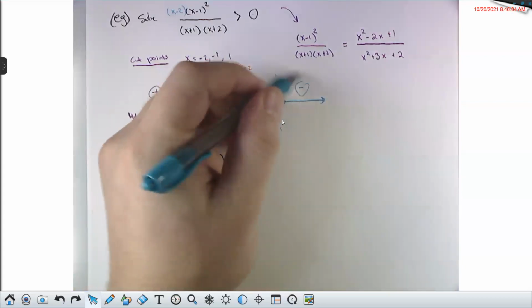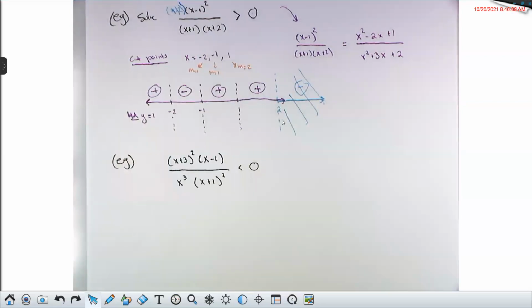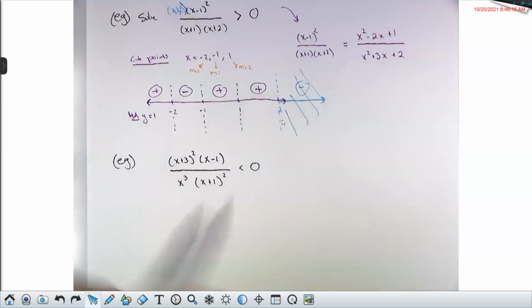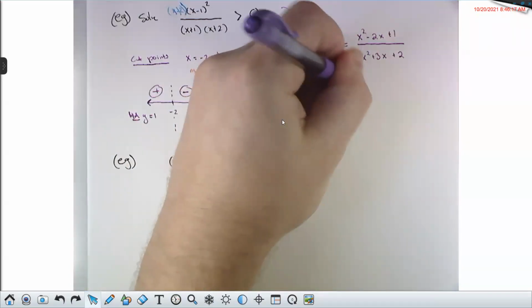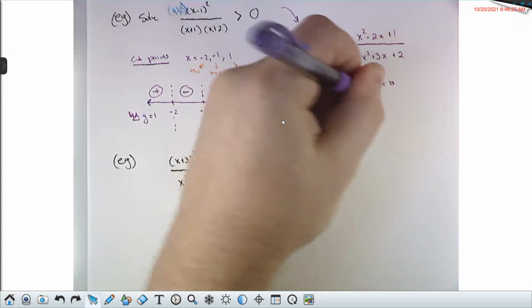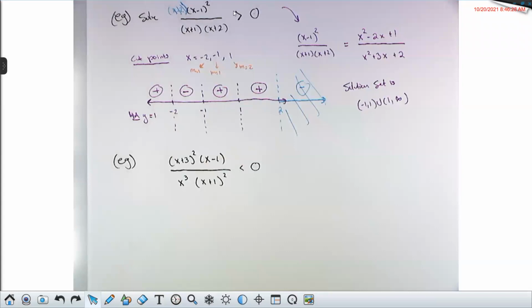I'm going to scratch this, because the problem we were originally solving is just this. We want to know where this function is strictly positive. So that would be from -1 to 1 and from 1 to infinity. I don't include any endpoints because this is a strict inequality. So the solution set to the original problem here is this, because we're strictly positive from -1 to 1 and from 1 to infinity.